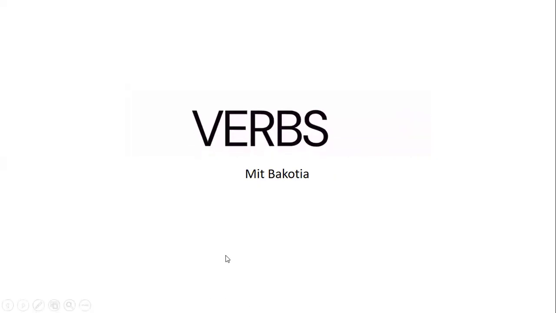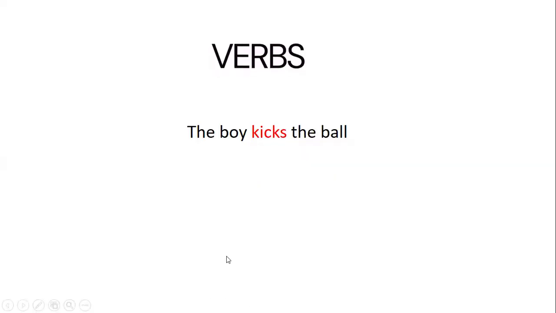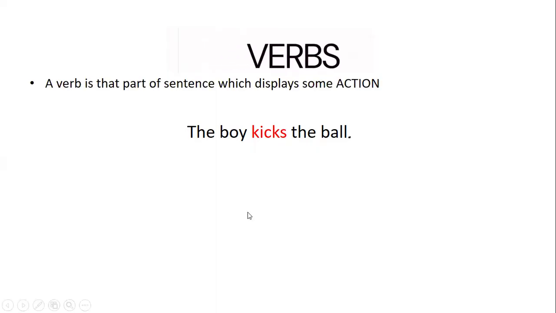So let's start with a very easy example. The boy kicks the ball. Full stop. This is our statement. The boy kicks the ball. Now, obviously, you'll understand what the action is that is being done by the boy. The action that he's doing is he's kicking the ball.